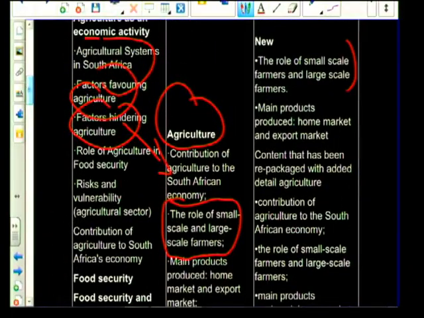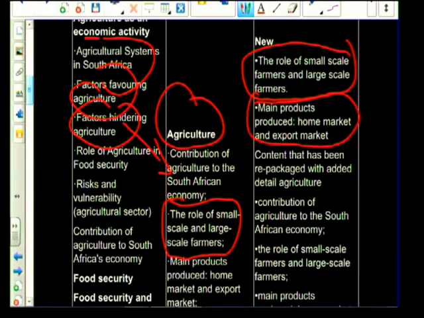As I told you, the role of small scale and large scale farmers. New in this one is the main products produced, home market for people that are using it here and for the export market.